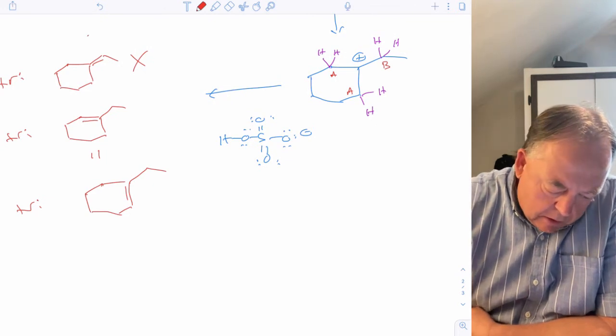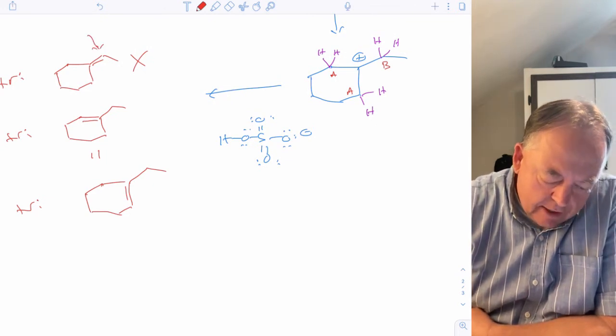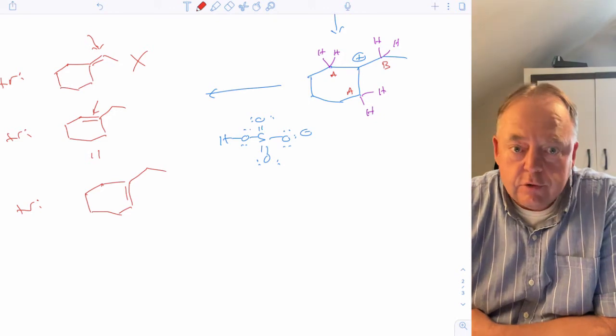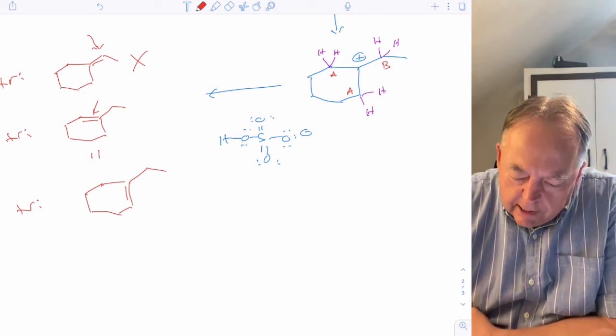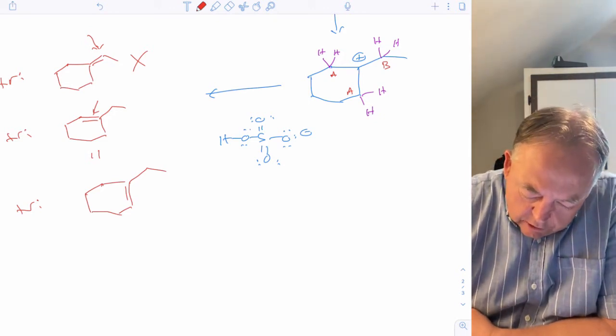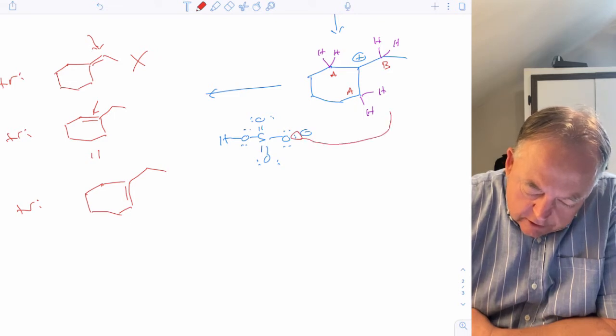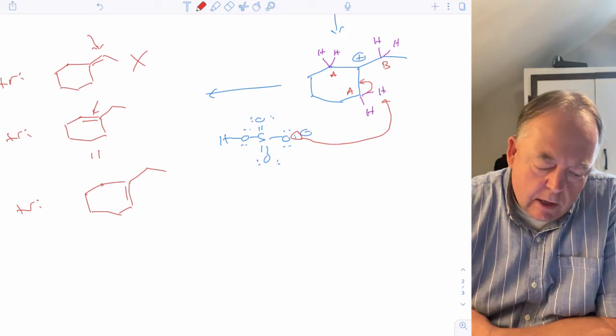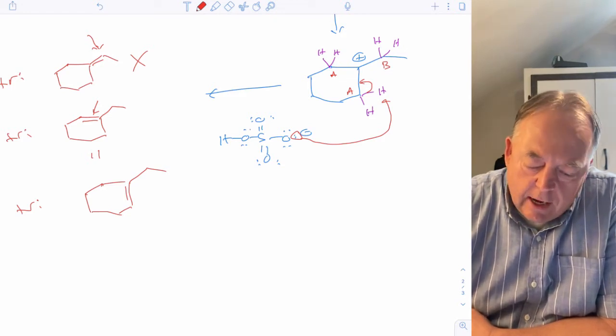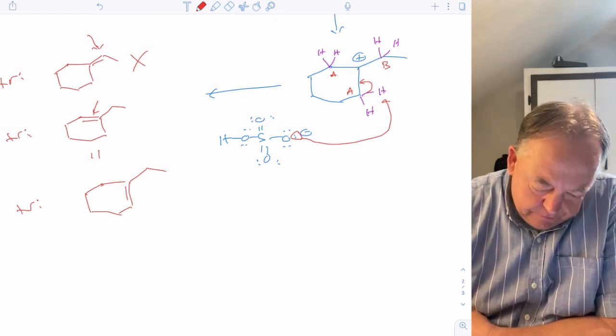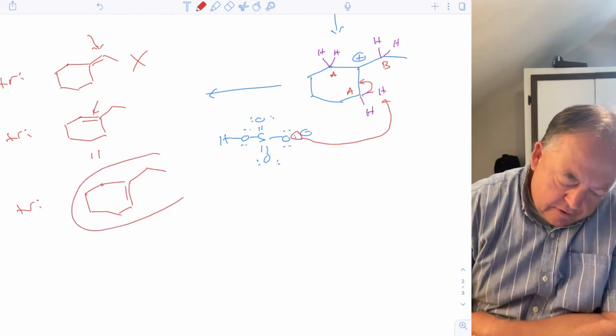Again, because the double bond external to the ring is not as stable as the double bond internal to a ring. So we're going to lose a hydrogen from one of the A carbons. So this could take a hydrogen from here. These electrons could become a carbon-carbon double bond, and now you satisfied the octet on the carbocation carbon. So that would give you your major product.